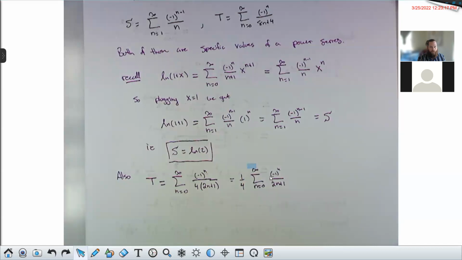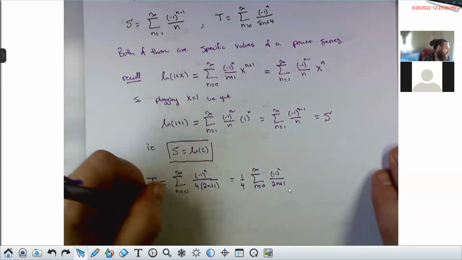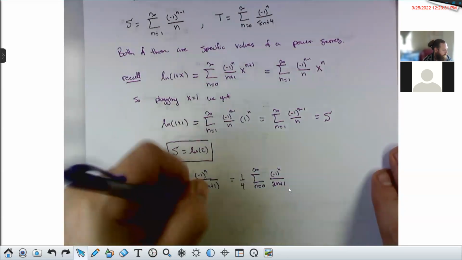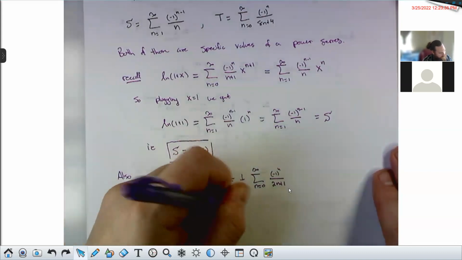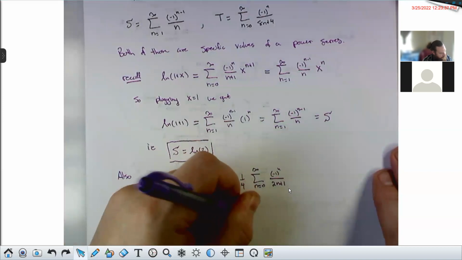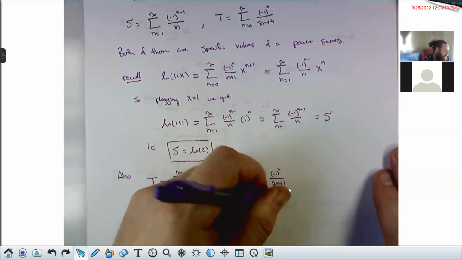Yeah, there's no x's here, but these numbers are the same as the coefficients from the inverse tangent power series. So let's say, and we know, the inverse tangent of x is sigma n from 0 to infinity, negative 1 to the n over 2n plus 1 x to the 2n plus 1.